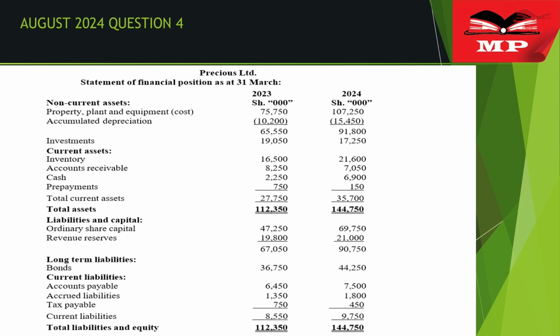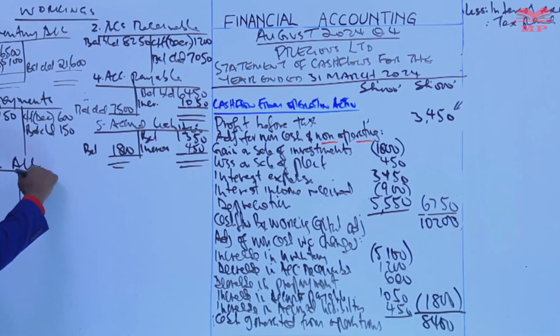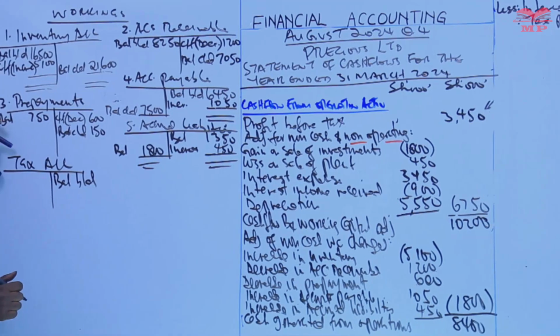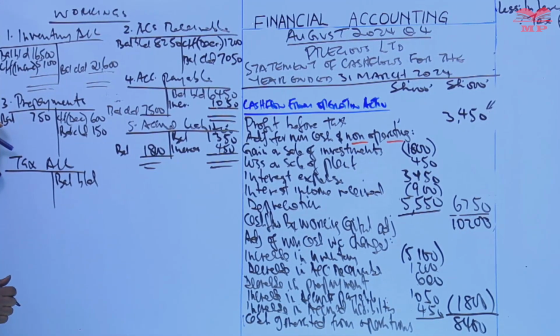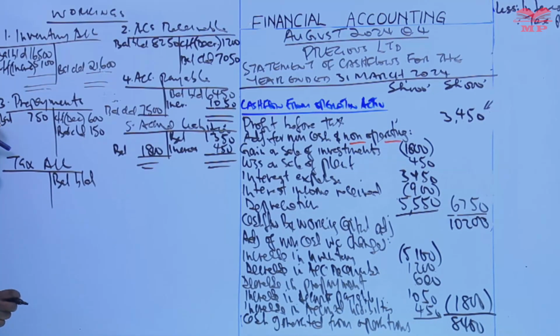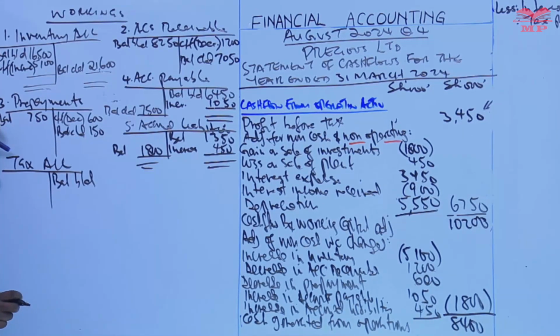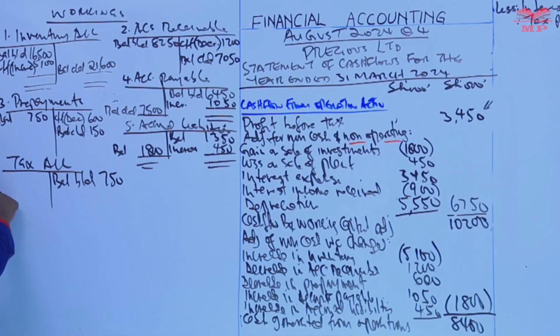So we have tax account. There is a balance brought down at the beginning. You see candidates, it's under current liabilities. That means that at the beginning of the year, there was tax outstanding, and paid tax is 750. At the end, the tax unpaid is 450.